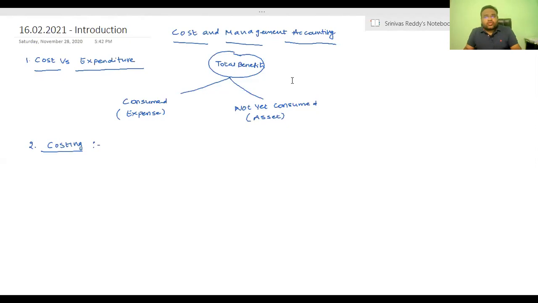Nice. Now we are moving into the second concept called costing. Costing is simply a concept of two terms.